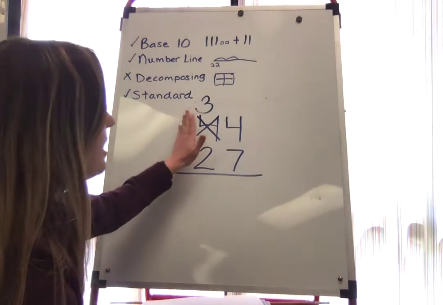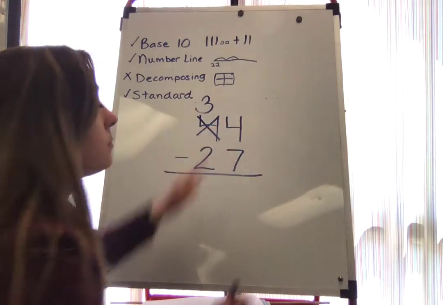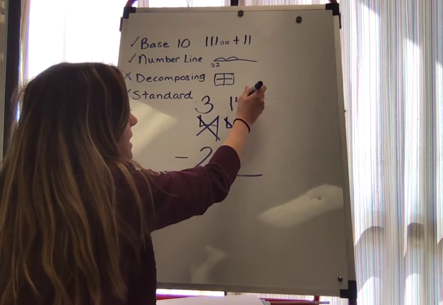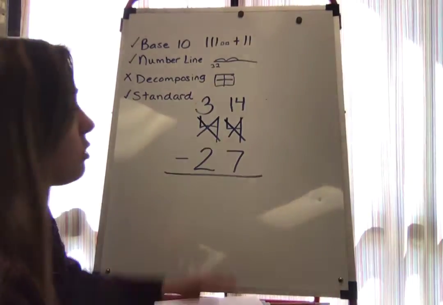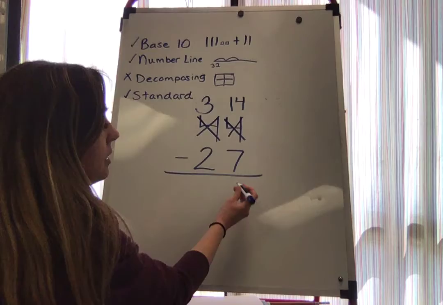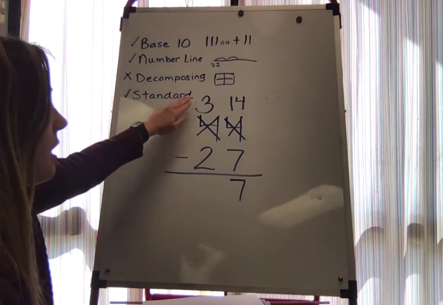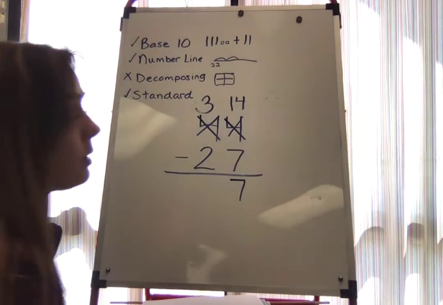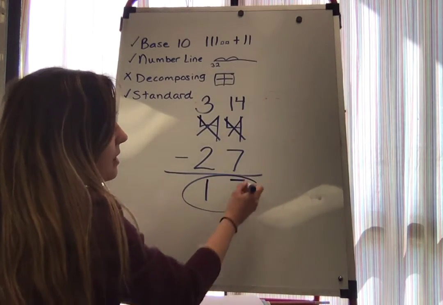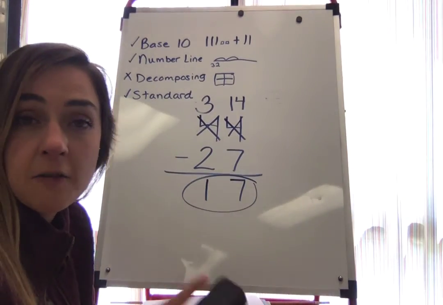Okay, then that 10 that he gave away, he gives to this 4. And so instead of 4, this 4 is now 14. And then I can do 14 minus 7 is 7. And then I go to my tens place, and 3 minus 2 is 1. And there's my answer.